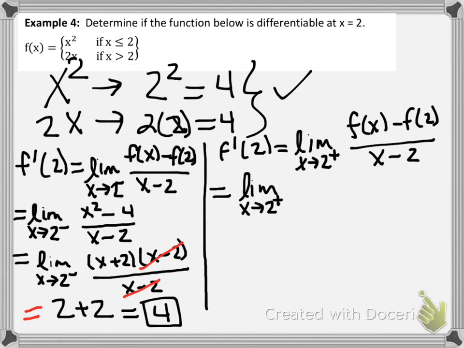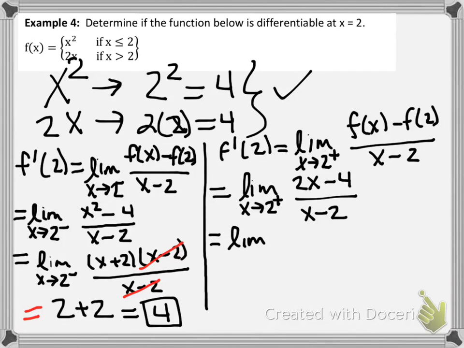The limit as x approaches 2 from the right of 2x minus 4 over x minus 2. Now I can do some GCF factoring here.